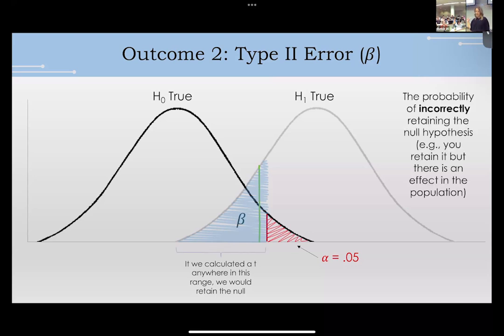So this is the probability of incorrectly retaining the null hypothesis. That is, you retain it, but there is actually an effect. In the case of what we've been doing, there is actually a difference between your sample mean and our known population, right? We don't know what it is, right? We don't know what that known population is. We can say the probability is equal to beta, but we can't give you a number, right? Whereas for alpha, I can give you a number.